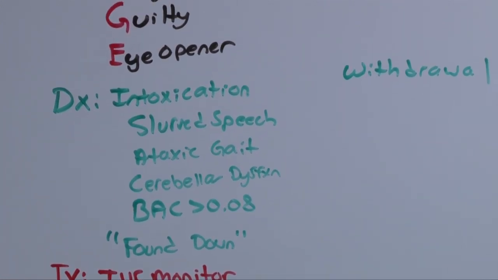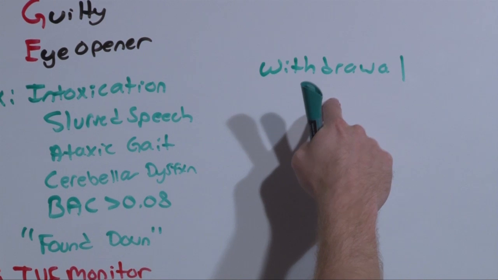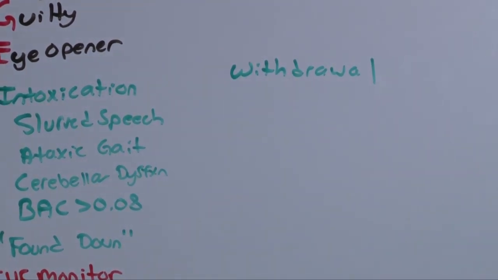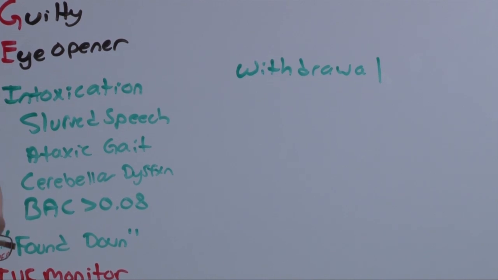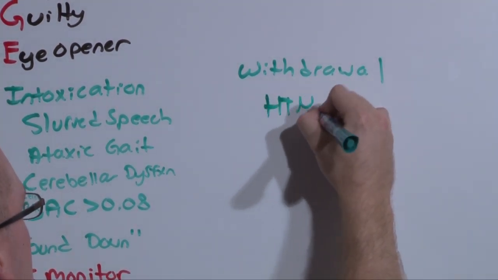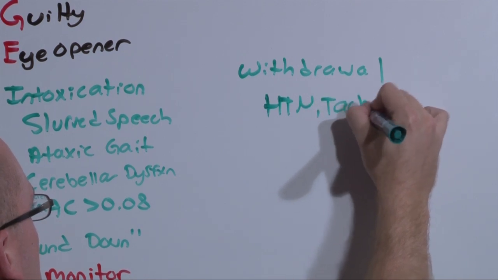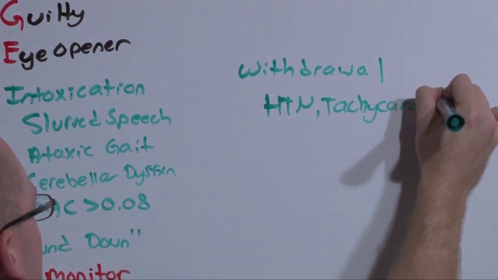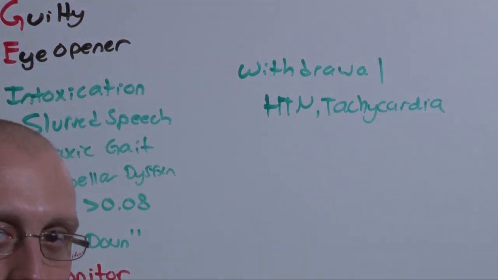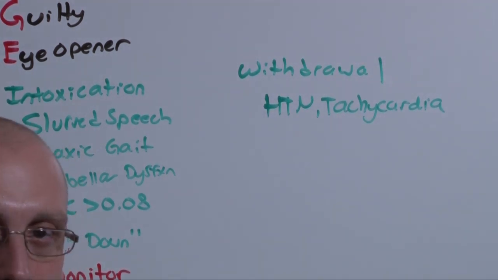But where it becomes very important for inpatient medicine is withdrawal symptoms, because the withdrawal pattern follows a very predictable course. The patient will begin with hypertension and tachycardia. Tachycardia is better than hypertension because most of these patients will also have hypertension, and so high blood pressure may simply be that they're not taking their meds.